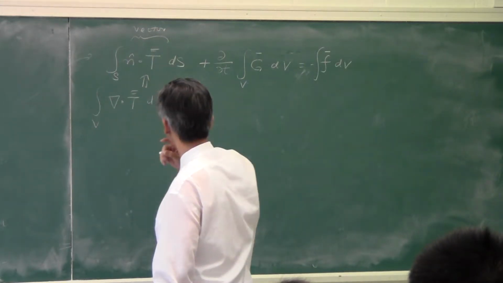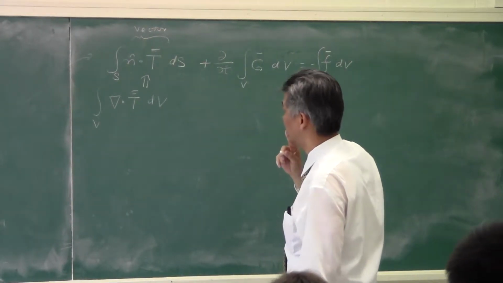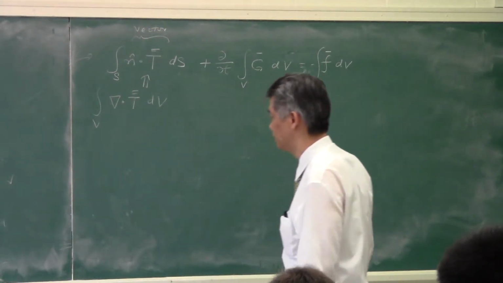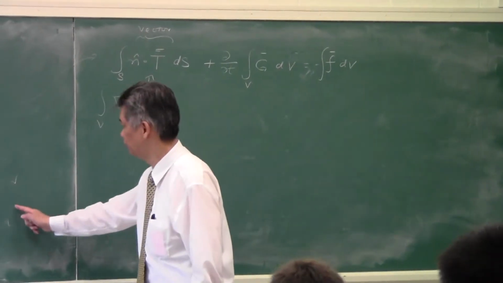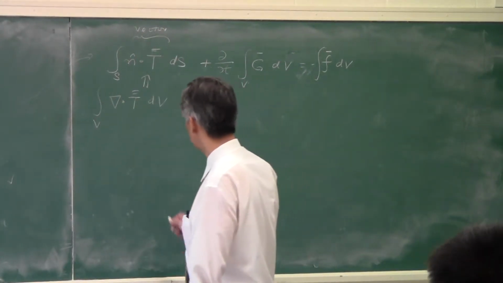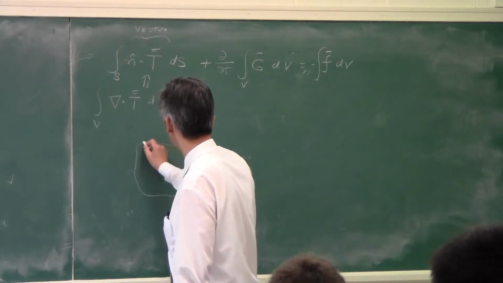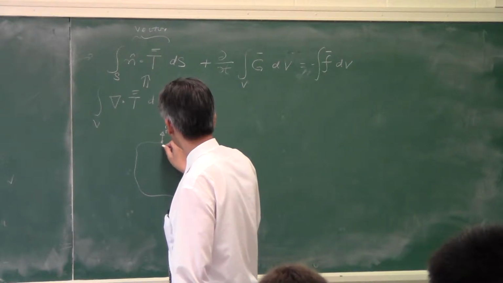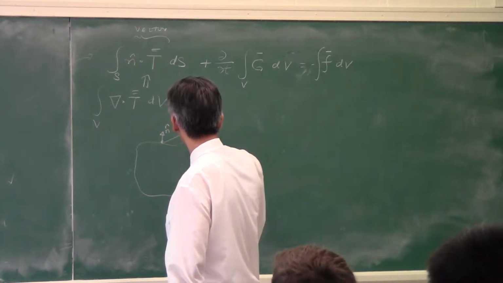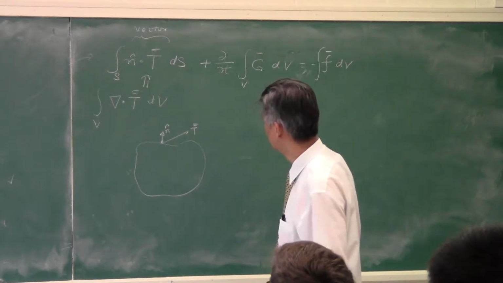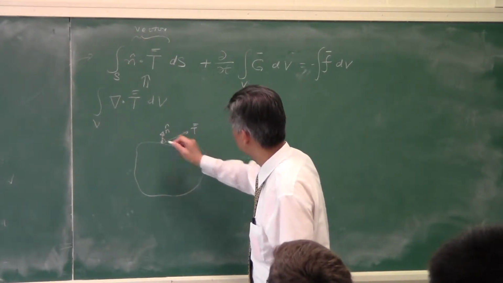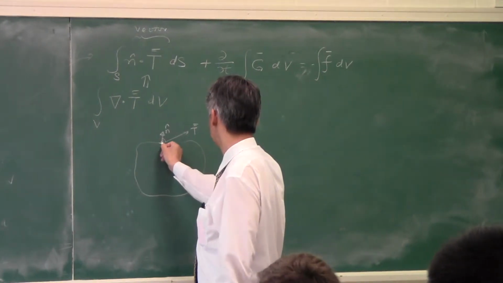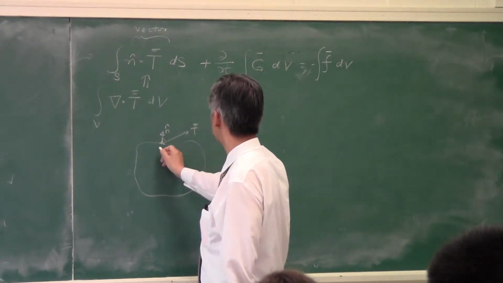So this says that if you have a stress tensor which is given by the presence of electromagnetic field, the presence of electromagnetic field can create a stress tensor, and we take this quantity and integrate over the surface of the object, and then you calculate the T at that point, okay? And then that thing dotted with n will give you the force actually acting on this surface, okay, in that particular direction.